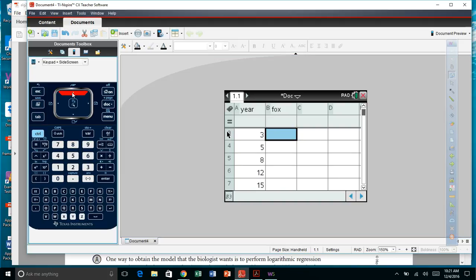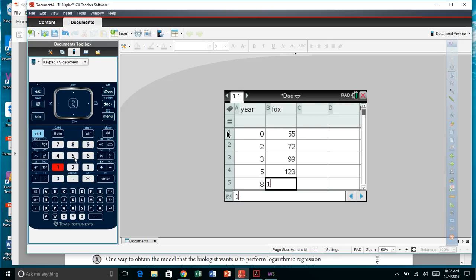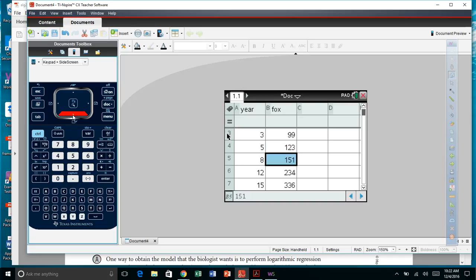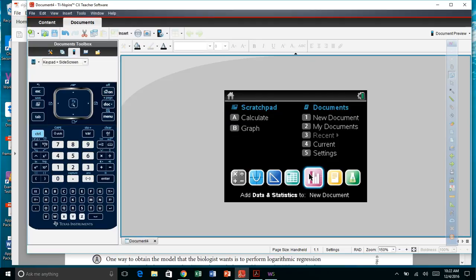And so let's go up. And we got 55, 72, 99, 123, 151, 234, 336, and 475. All right. And let's go ahead and graph that. On and graph.